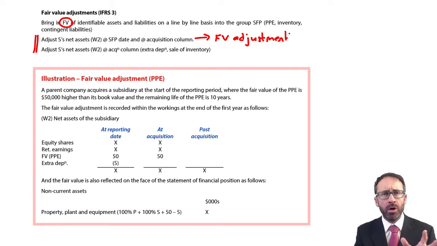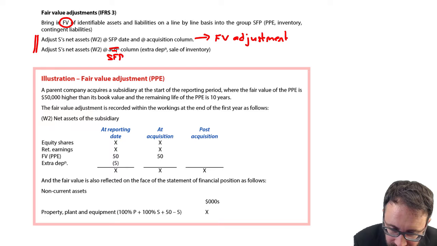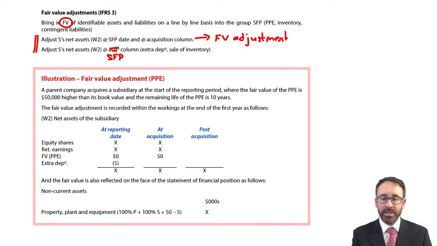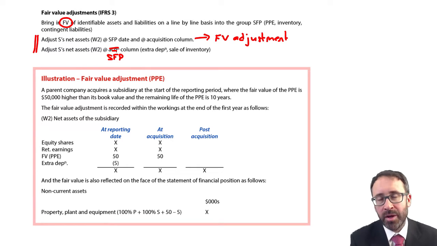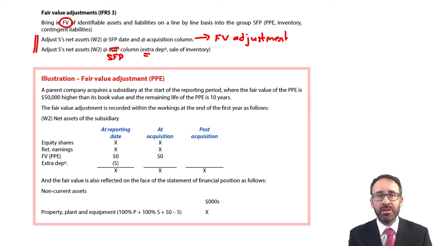Okay. You also need to make another adjustment, and you just need to be a bit careful here because there is a typo within the notes. I will update it eventually. You also need to adjust the statement of financial position column, so the reporting date column, for the fact that because we've increased the fair value of this asset in the group accounts, there may be some extra depreciation that we need to account for because we don't change the fair value in the individual accounts of the subsidiary.